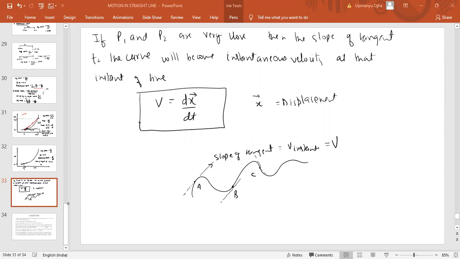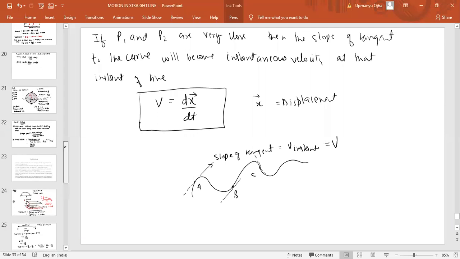This week you will have the exam of motion in one dimension.